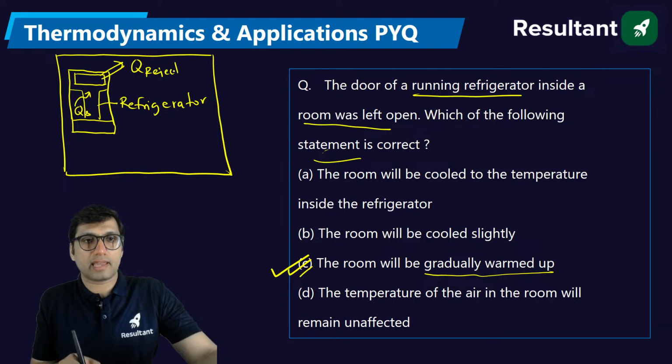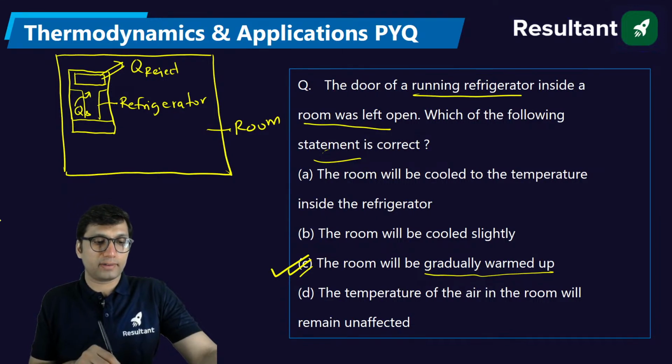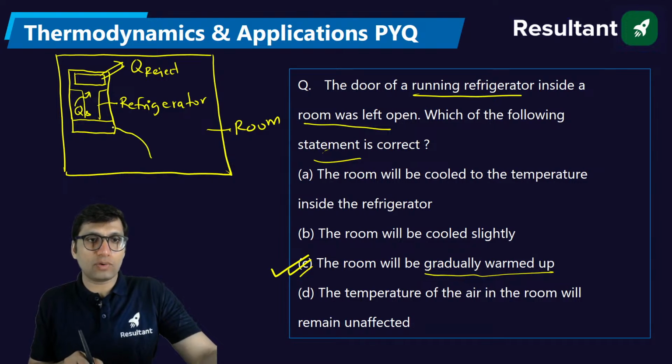Okay, the condenser kept at the back. So this is your room. Now what will happen if you open the door of the refrigerator? Then what will happen? Although the function of the refrigerator is limited only inside the cabinet of the refrigerator. But when you open it, then it will try to take the heat from the entire room. It will try to take the heat from the entire room, right? And also it will reject more heat to the entire room.